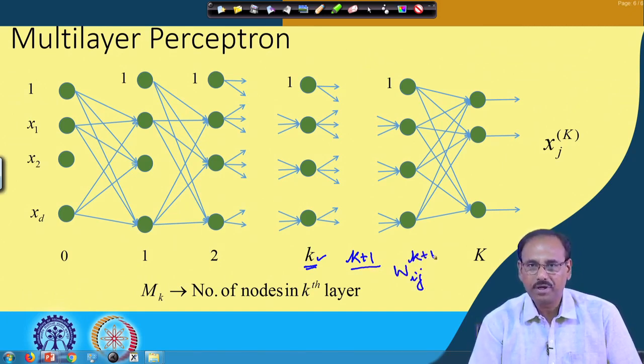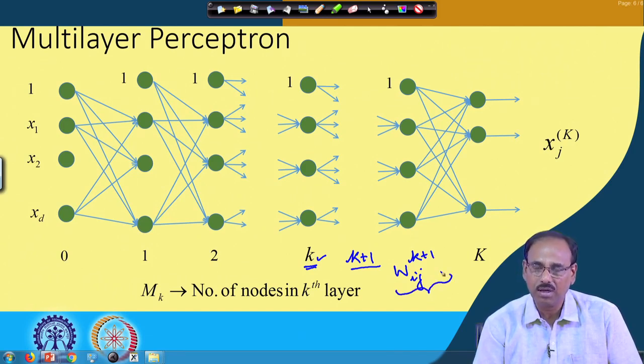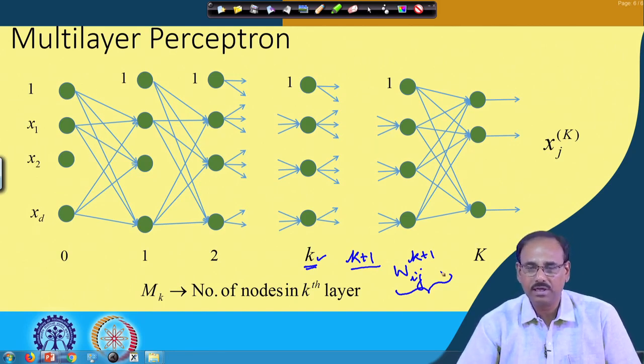The purpose of training this neural network, or learning, is that iteratively using the training vectors, you try to find out what should be the value of w_ij^(k+1) for every i, j and k, so that the neural network is finally trained to solve your problem. That is the purpose of the backpropagation neural network.